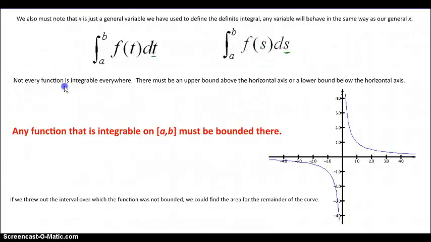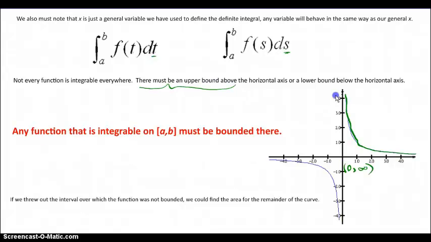So not every function is integrable everywhere. We must have a bound. We need to have an upper bound for anything that is above the horizontal axis. Here is an upper bound to any area that we want to accumulate from, let's say, any values greater than 0 up to positive infinity.